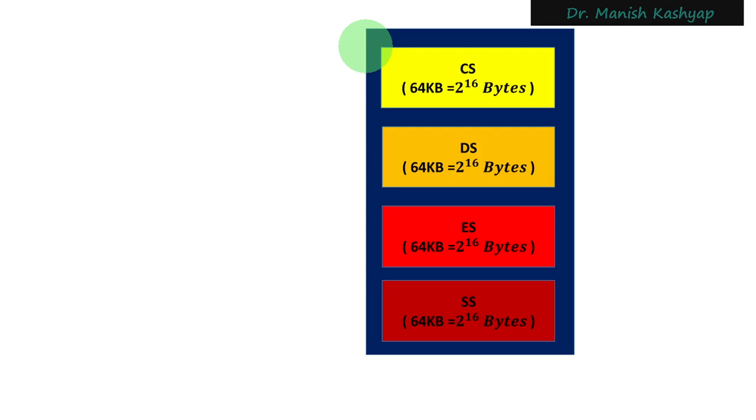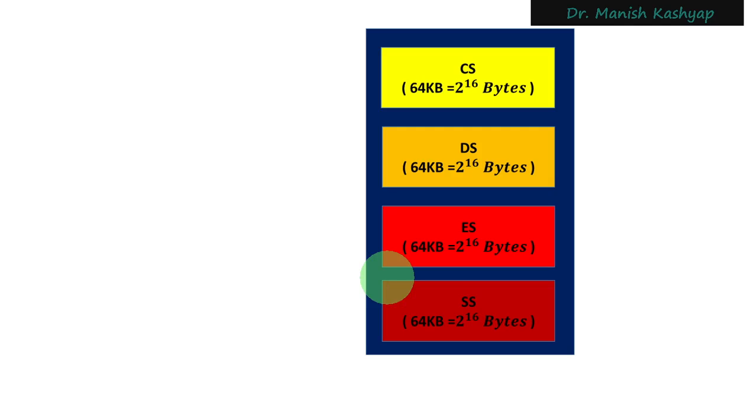Out of that, it is mandatory that for the starting of any of these segments that you see here, the last hexadecimal digit should always be zero. I mean, if you see the hexadecimal representation of the actual 20-bit physical address, it will be of 5 hexadecimal digits, and it is mandatory for the starting address of code segment, data segment, extra segment, or stack segment to have that least significant hexadecimal digit as zero.